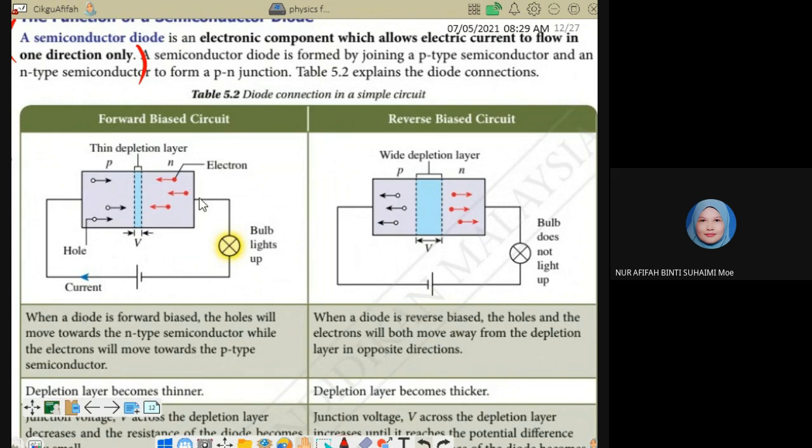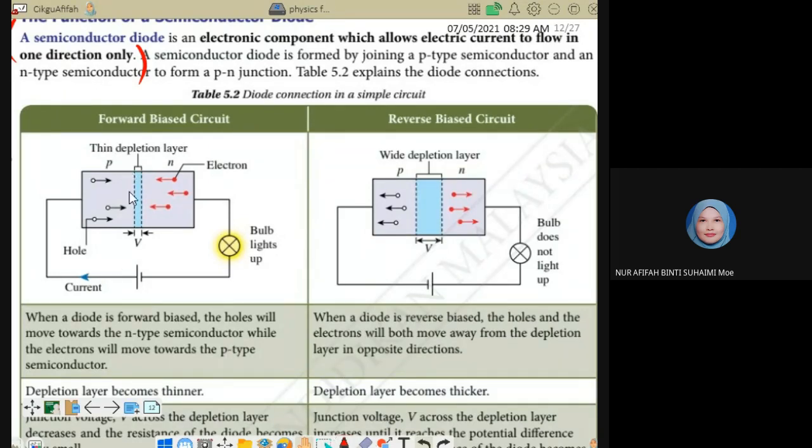This is diode, positive and negative. Positive the black color one, negative is the yang grey, yang silver color tadi. Combination of P-type and N-type semiconductor to form a PN junction. That is diode.